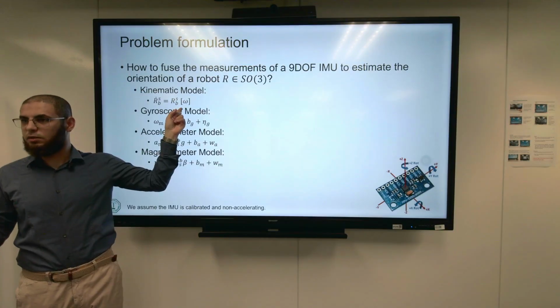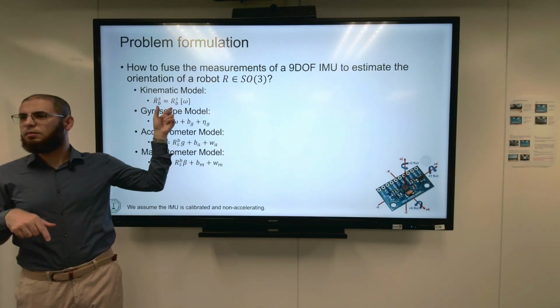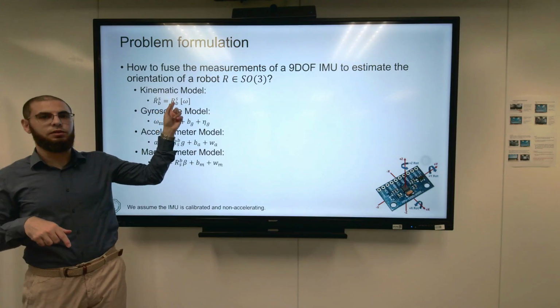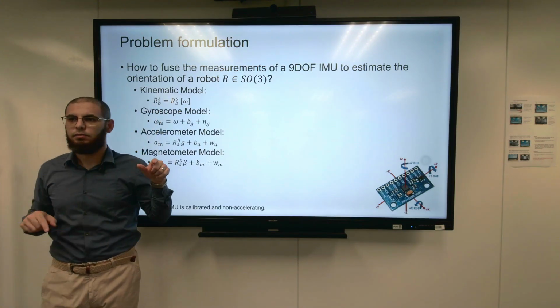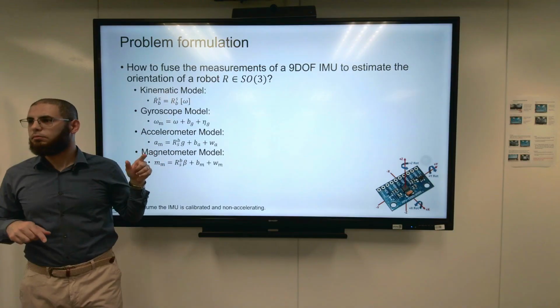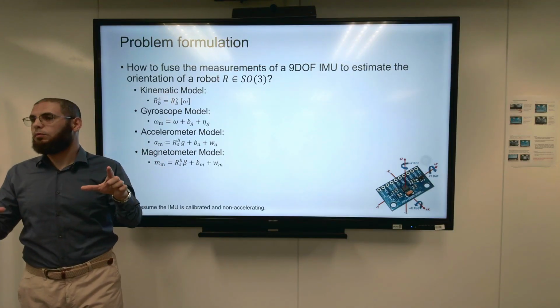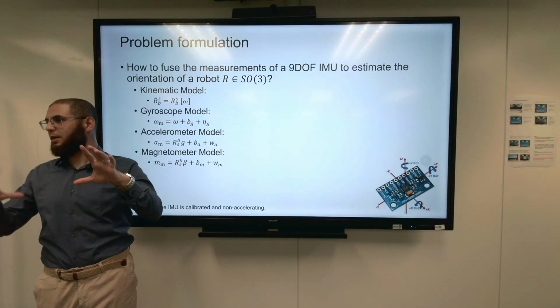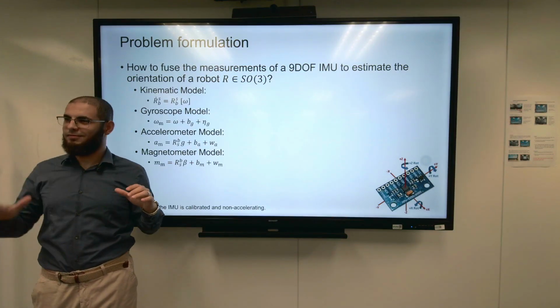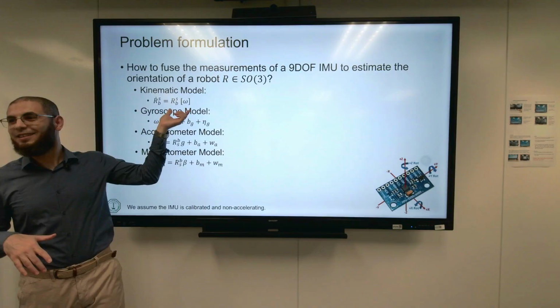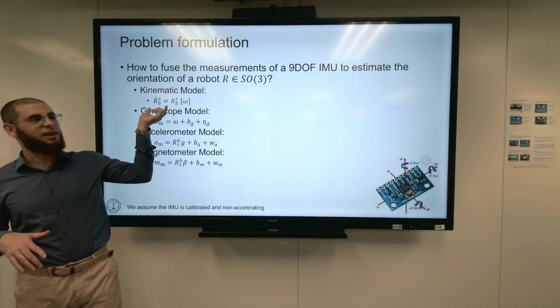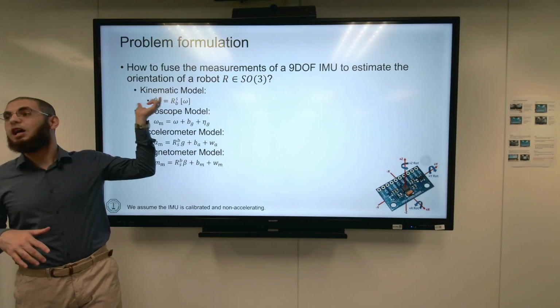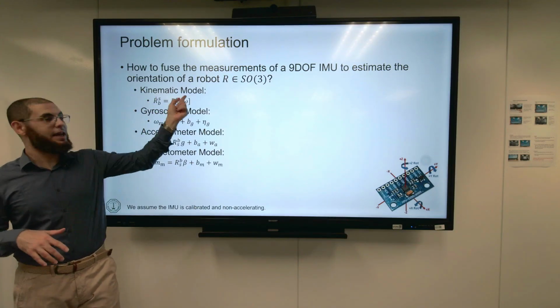The angular velocity. And what is this notation, the square omega? It was the skew symmetric form of the omega, so the 3x3 skew symmetric matrix. Then you multiply by the 3x3 matrix R, and this is the R dot. So this is the equation that we have.